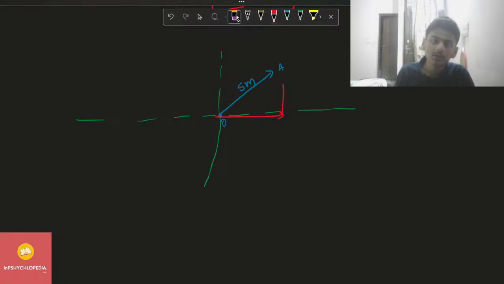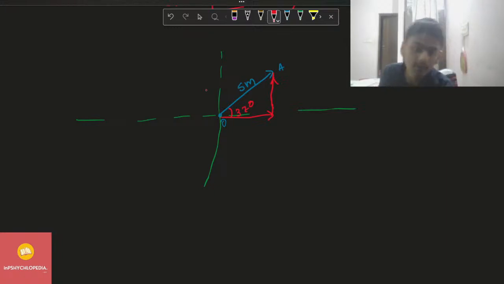Let me do it for you now. Rather than writing 5 meter, 37 degree north of east, I think you know how we tell the direction of a vector.